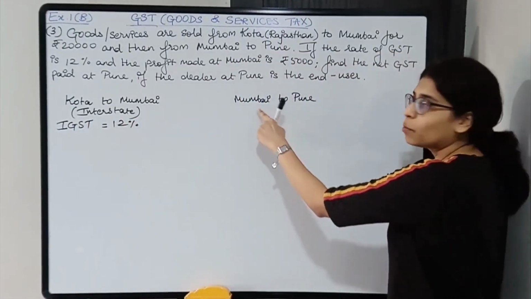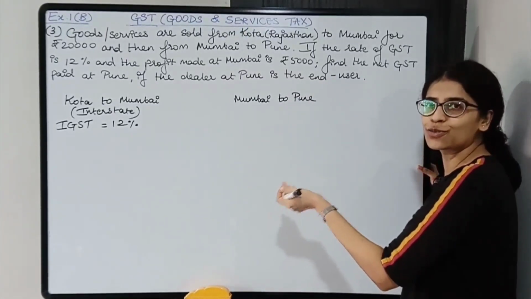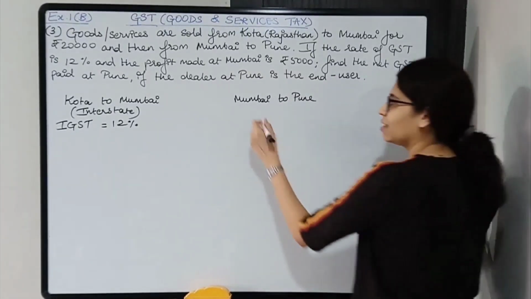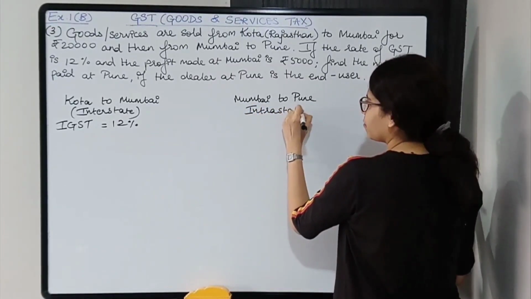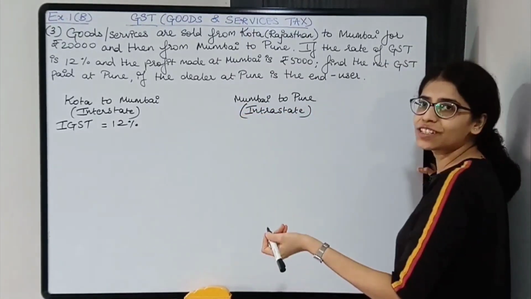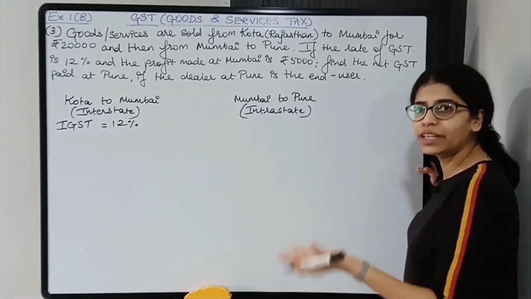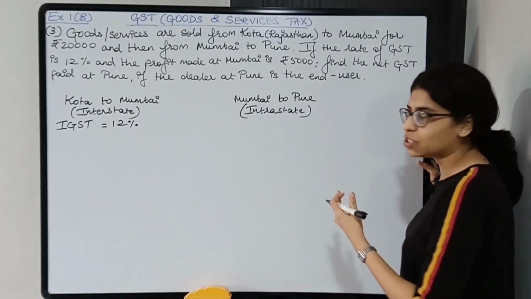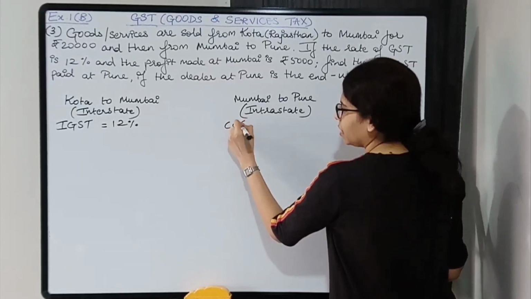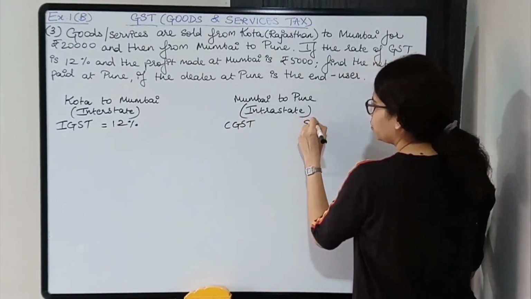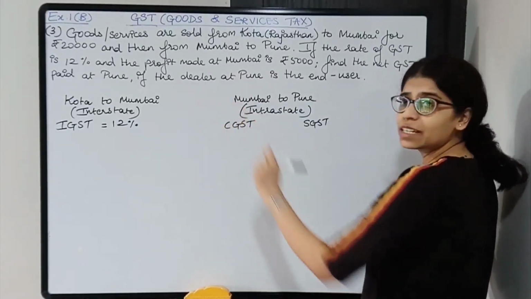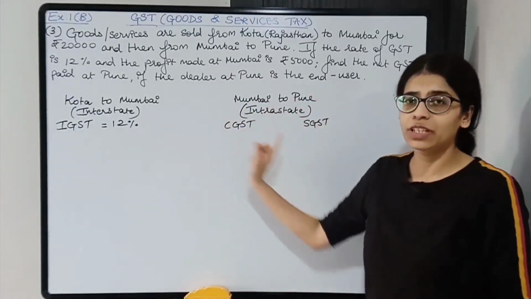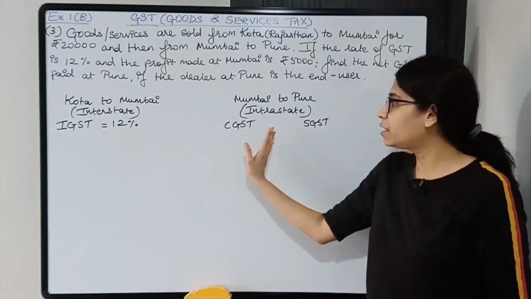Over here Mumbai and Pune are both in Maharashtra, so it is an intrastate transaction. So which type of GST? You will split the GST into 2 equal parts, CGST and SGST. The GST rate is the same for both the cases, so it will be 12%.